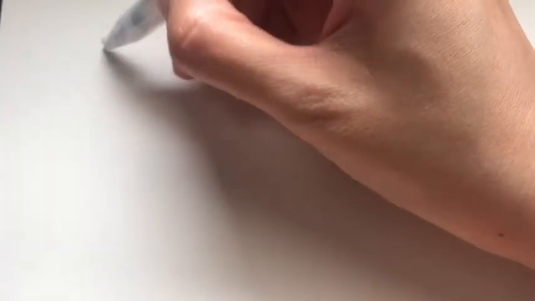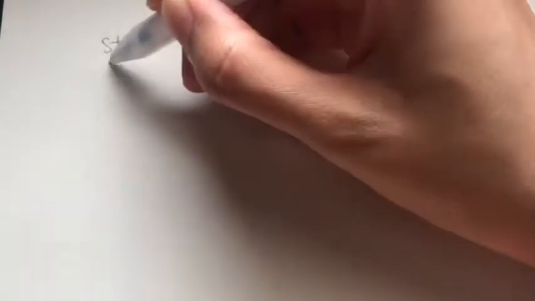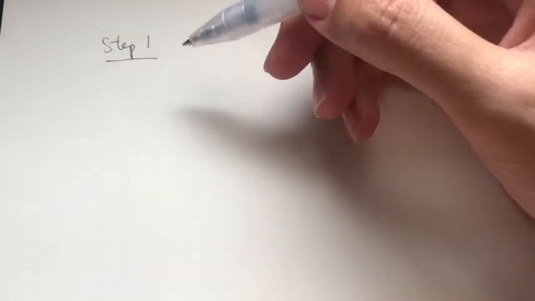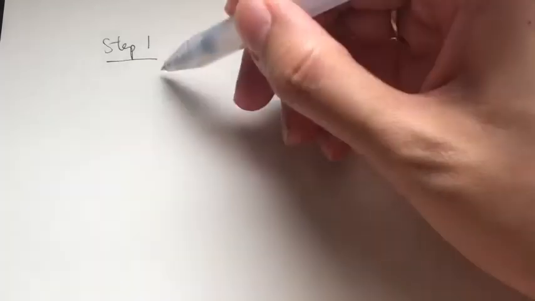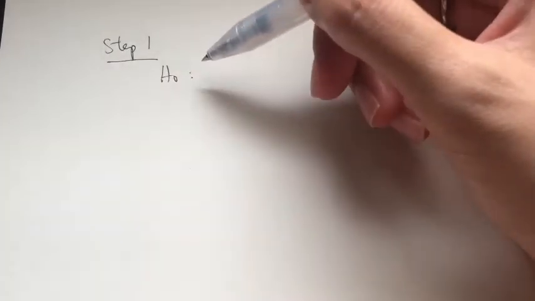Okay, so now let's look at step 1 of the test of association. As usual, in step 1, we write the hypothesis. The null hypothesis is at the top, and the alternate at the bottom. Now remember, the objective of the test of association is to see whether there's a relationship between two qualitative variables.